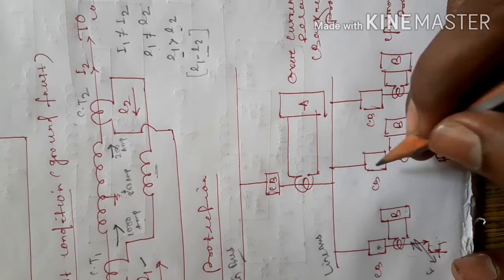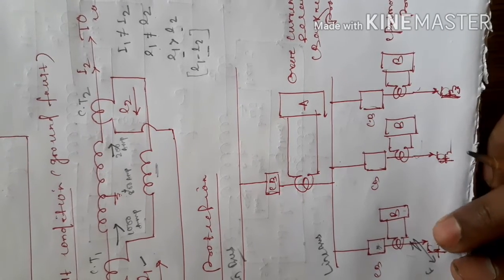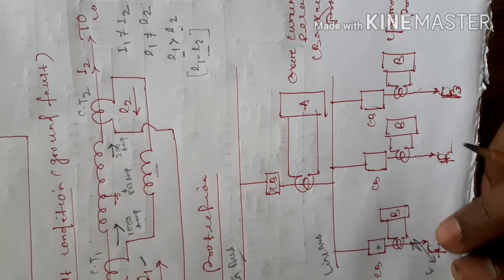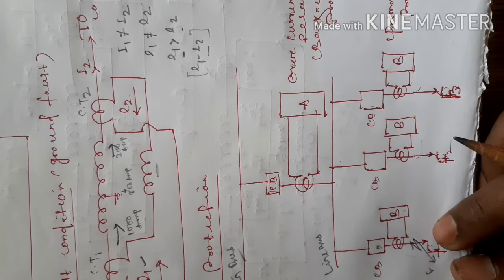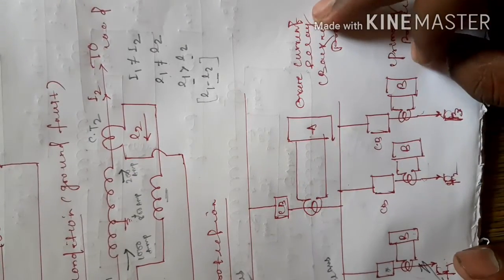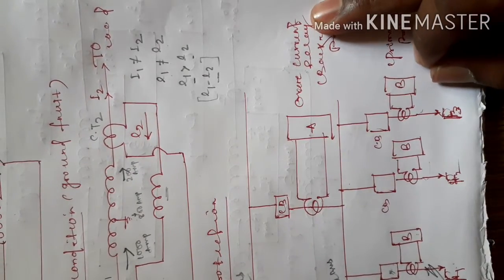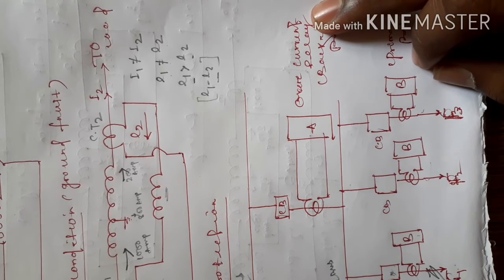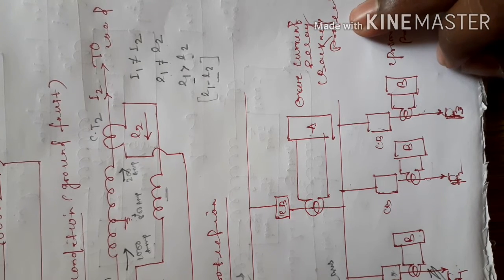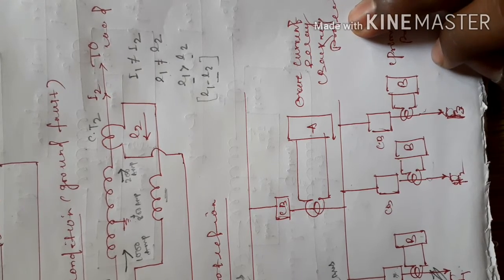So we have to isolate the faulty section from the healthy section as soon as possible. So we use backup protection, which can provide protection when the primary protection is unable to operate.